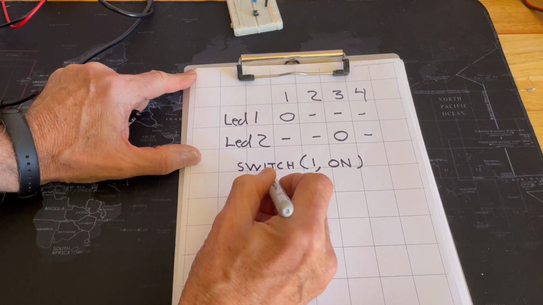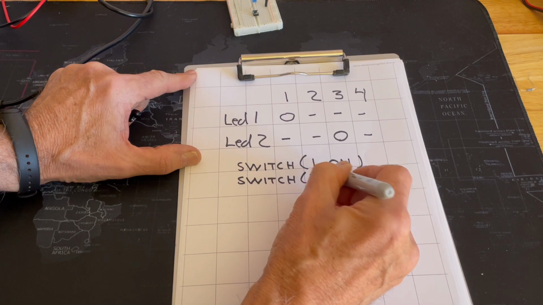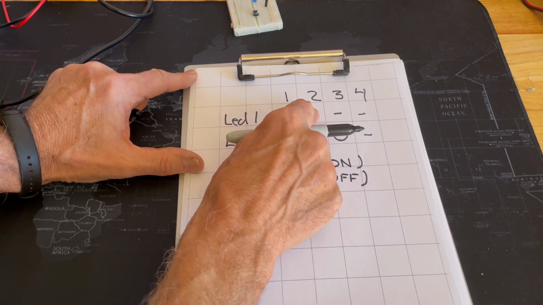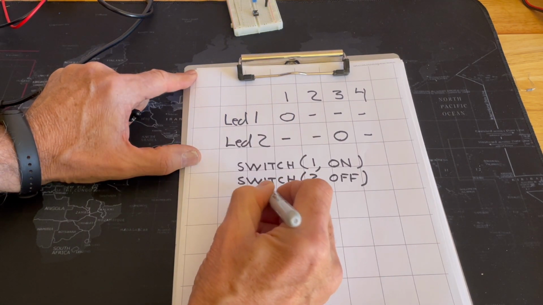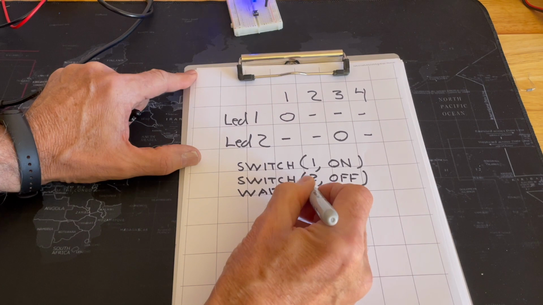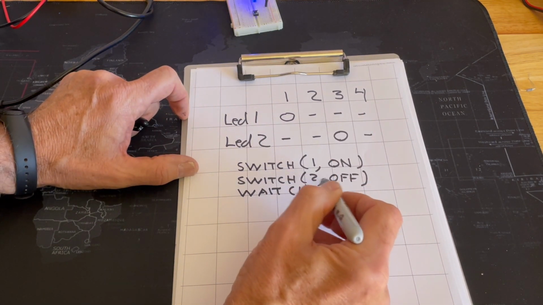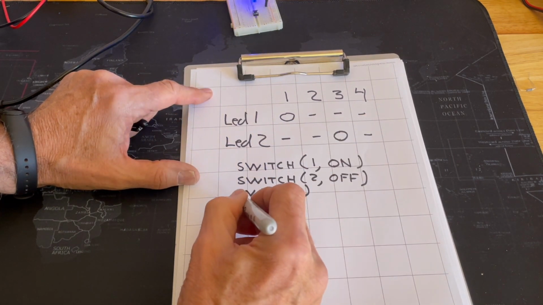Switch 2 off. Okay, now we wait 1 second here, so wait. Okay, so beat 2, switch 2 is already off, but we need to switch off LED 1 here, so let's do that.